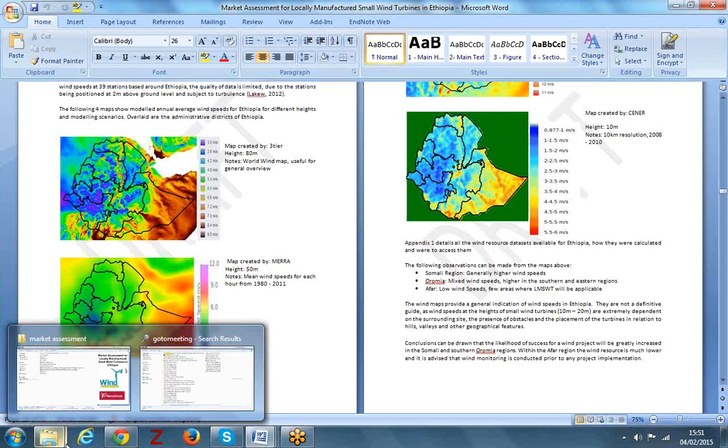And whoever owns the wind turbine needs to be prepared to work with us for research purposes and give us the information that we need. So we sent them that information, and with that they went out to find a community.